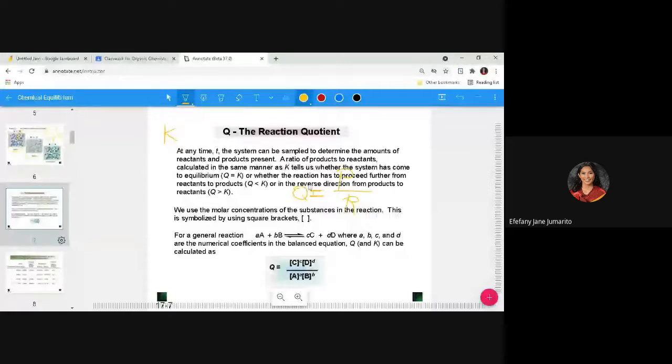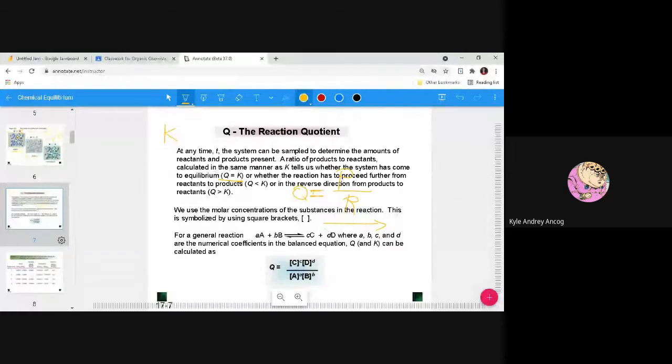Also, Q tells us in what direction our reaction will proceed: to the left or to the right. If we compare Q and K, then we will know. If the value of Q and K is equal, what does it mean, class?